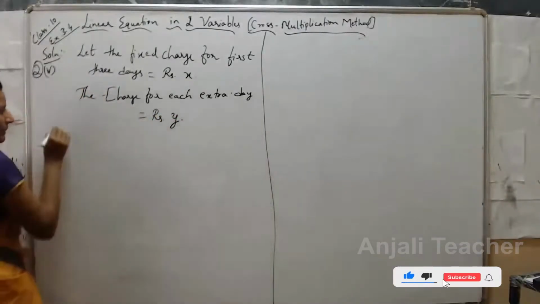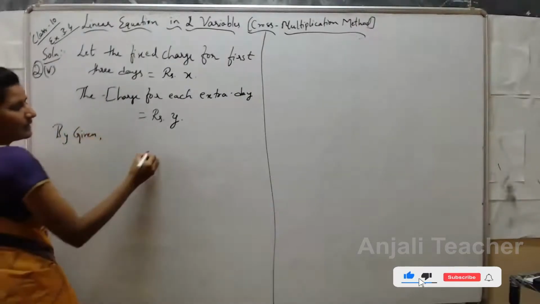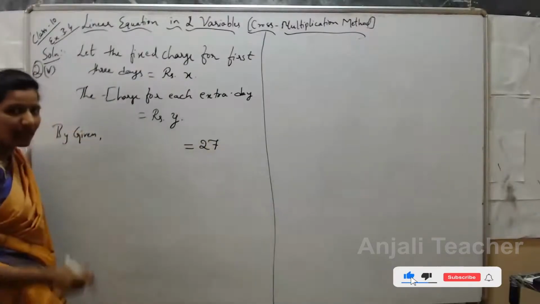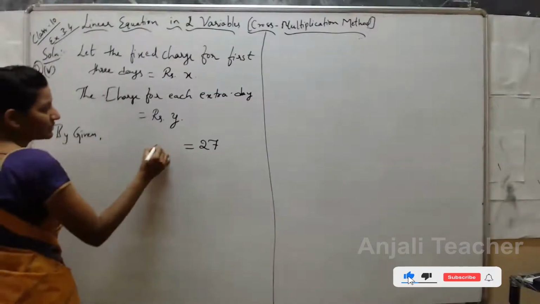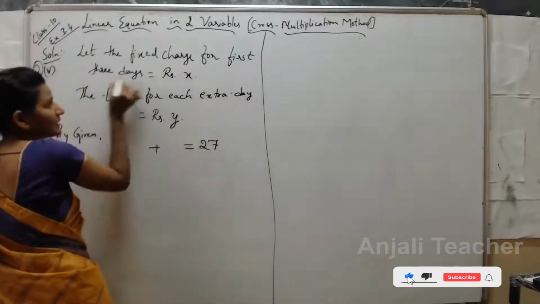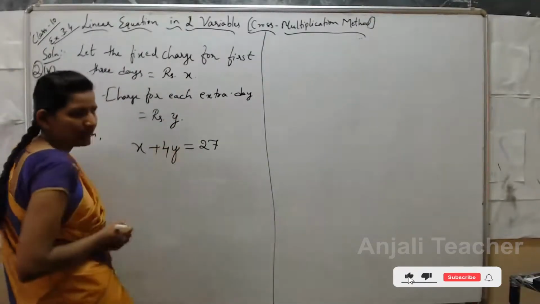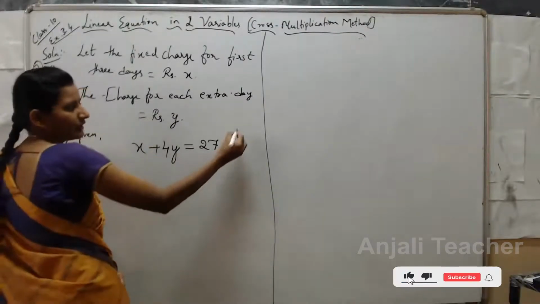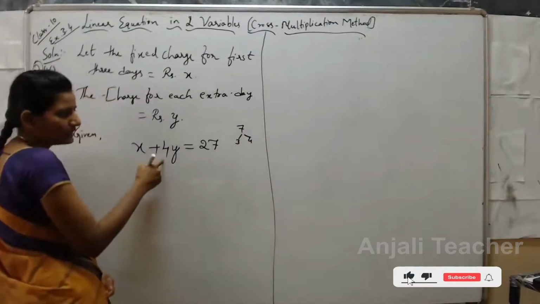Sarita has paid 27 rupees for 7 days. The first 3 days count as X, and the remaining 4 days count as Y. If you subtract 3 from 7, remaining is 4 only. Take that as 4.